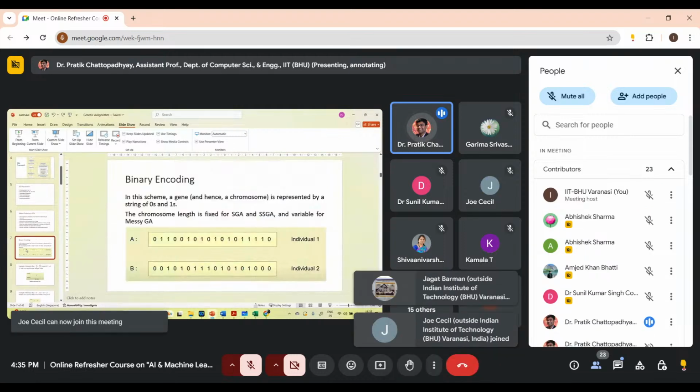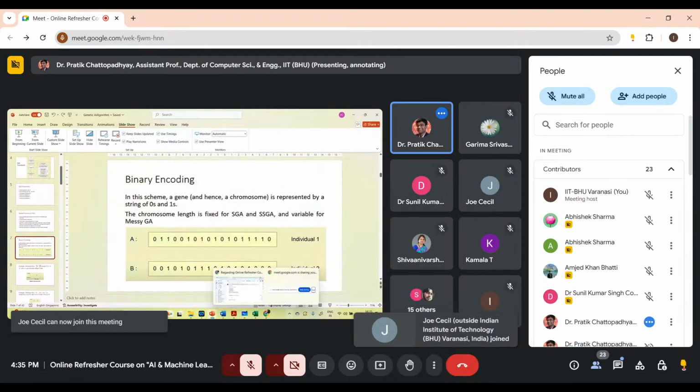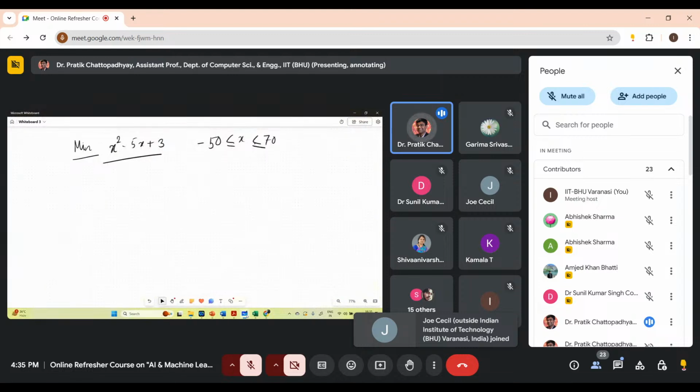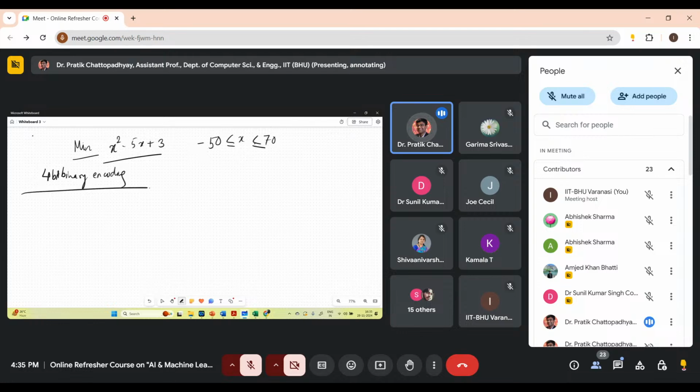Say we decide to use 4-bit binary encoding. So the maximum number of bit strings we can generate is 2 to the power 4: 0000, 0001, 0010, and so on. We will not generate all these 16.